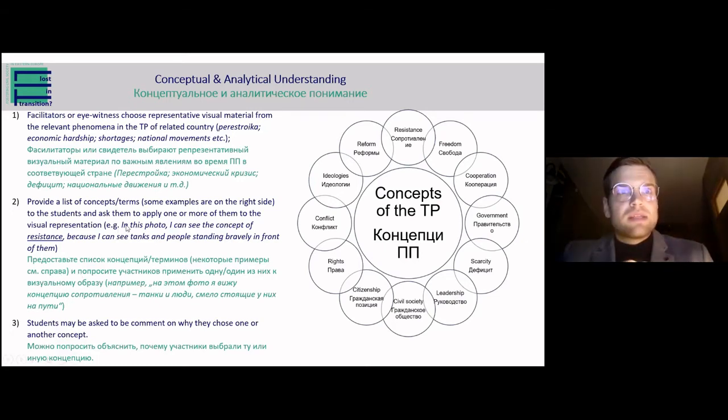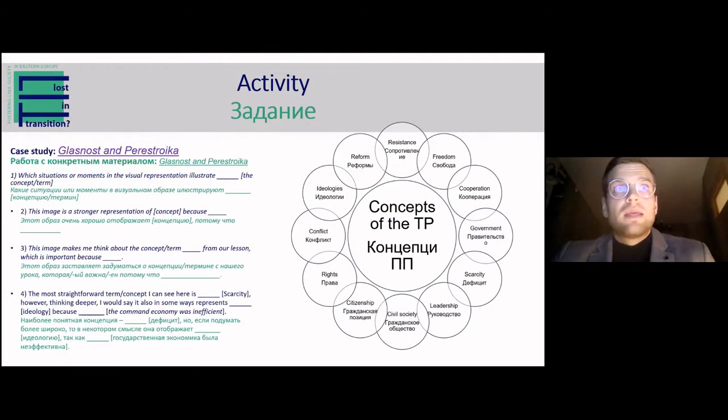So as in the example in this photo, I can see the concept of resistance, let's say Velvet Revolution in Eastern Europe, where a man stands against a tank, because I can see tanks and people standing bravely in front of them. And then students may be asked to comment on why they chose one or another concept, just to justify.